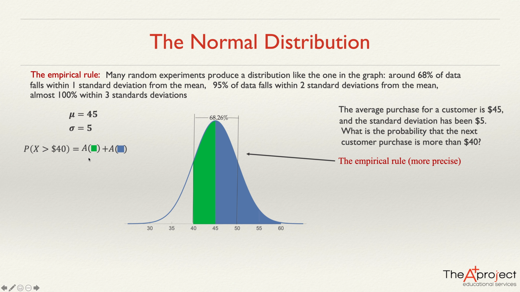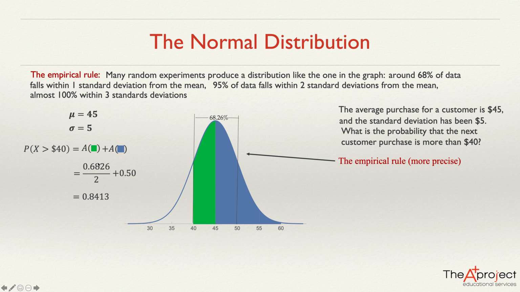So the answer will be the green area, 0.6826 over 2, plus the gray area, that for sure will be 0.5 because it's half of the whole bell. So 0.5.